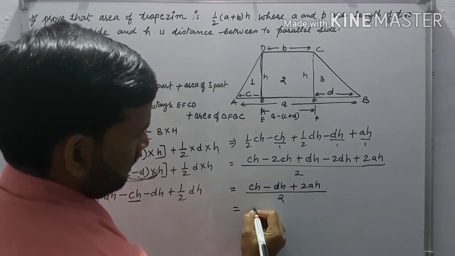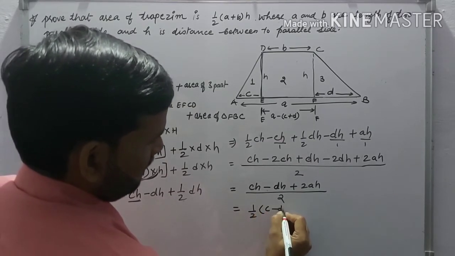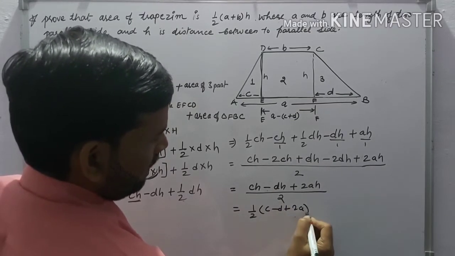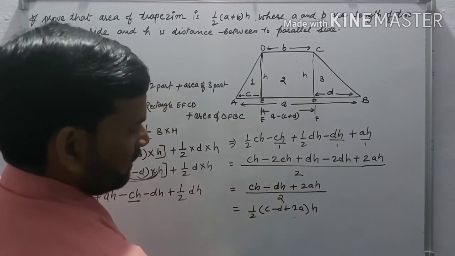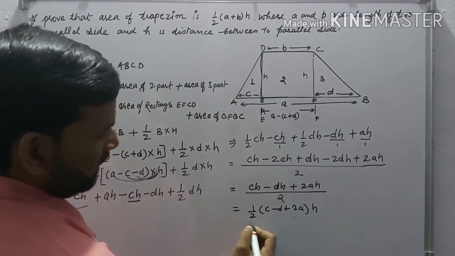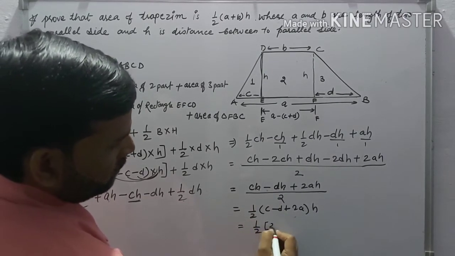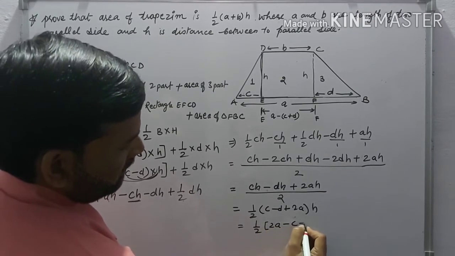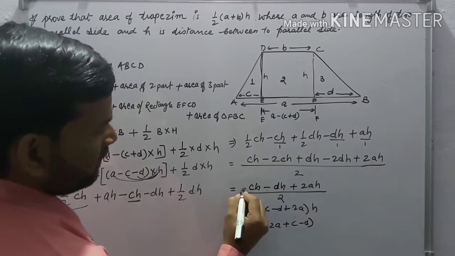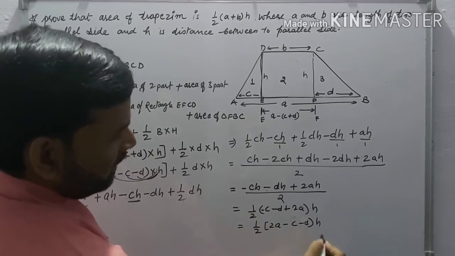H means 1 upon 2 is common, that c minus d plus a plus 2a into h, all terms will be h common. Here we write the terms of 1 upon 2, 2a is front minus c and plus c and minus d. Here minus, that is a minus, and minus c is h.